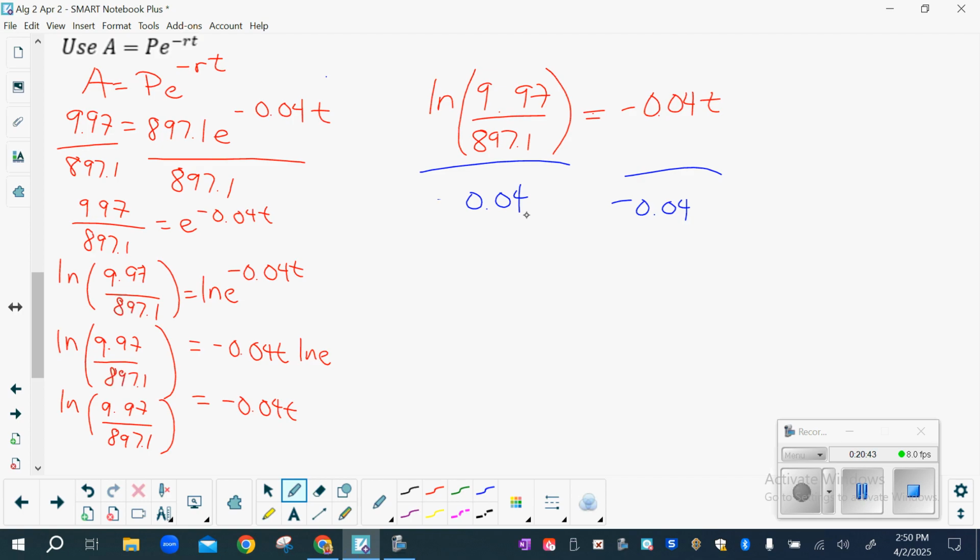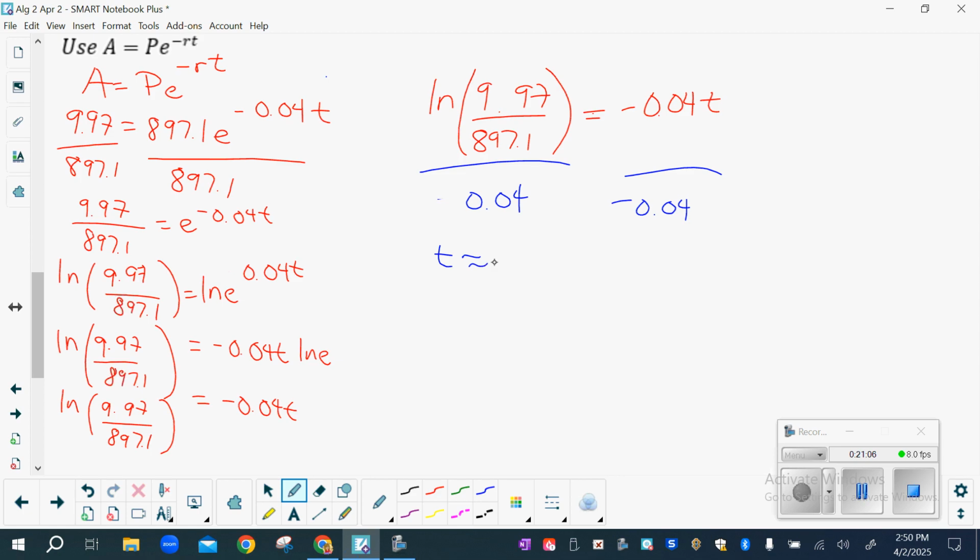So our last step would be divide by negative 0.04. Right? The answer, 112.49. Yeah, it is. And then when you do that, don't forget to divide by a negative 0.04. Really easy to forget that.